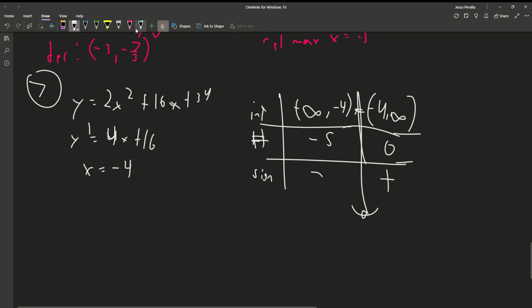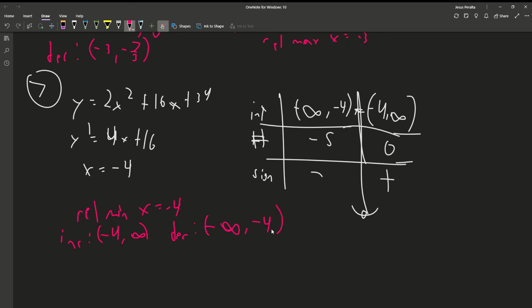So that means that our relative min is at x is equal to negative 4. We have increasing interval at negative 4 comma infinity, and we are decreasing at negative infinity to negative 4.